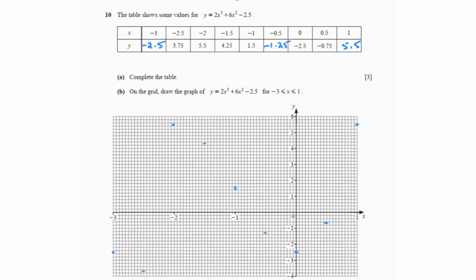So now it's time to connect these tiny little dots. Oh no, that doesn't make sense.